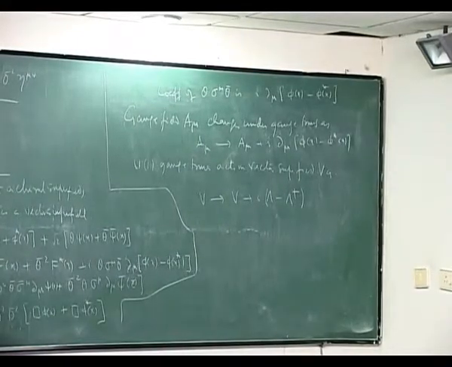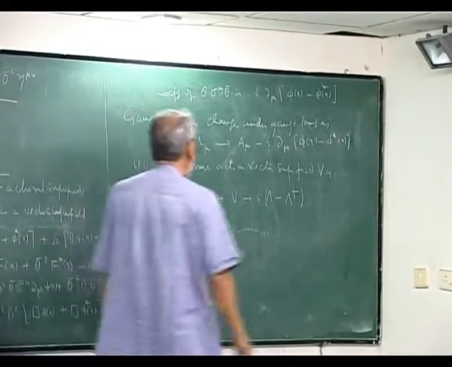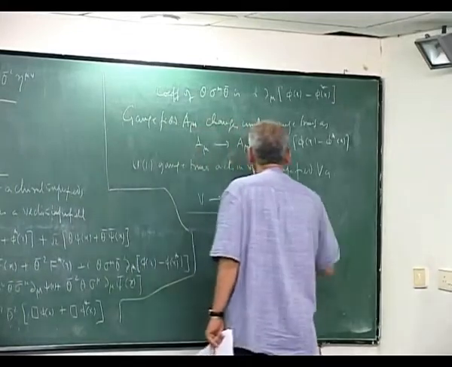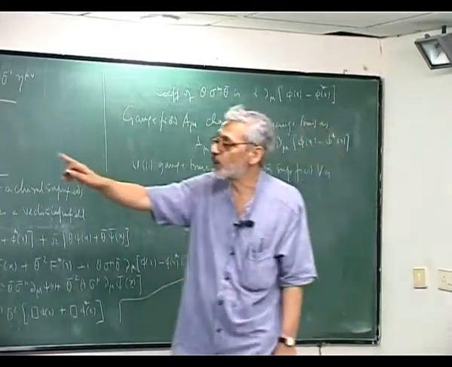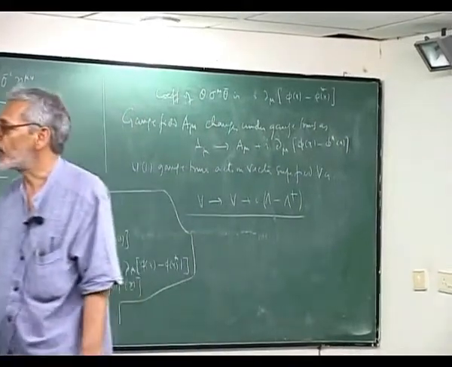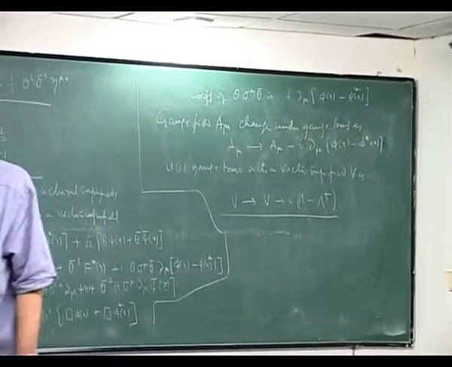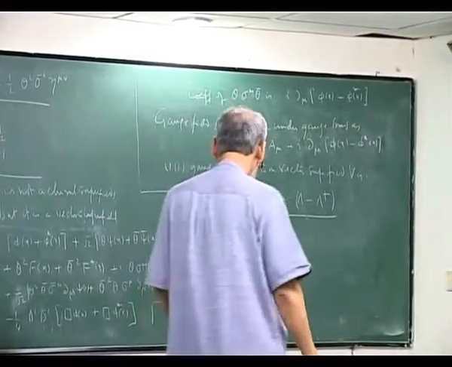Now, if this is how the gauge transformation acts on vector superfield, then we can read off what happens to various components of V. For example, what happens to the theta independent component of V, C?